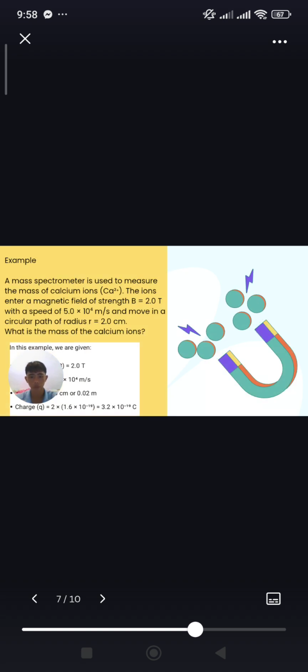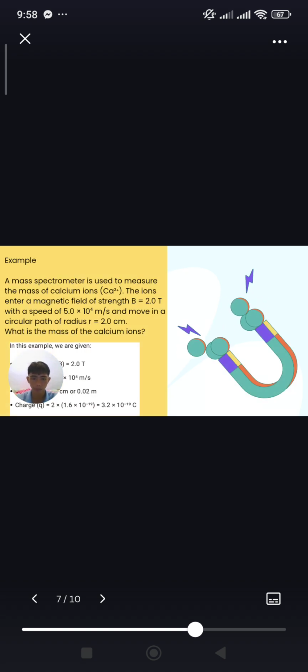Moving on to example 2. In this example, we are given a magnetic field of 2.0 T or Tesla. The velocity is 5.0 times 10 to the power of 4 meter per second, and its radius is 2.0 centimeter.